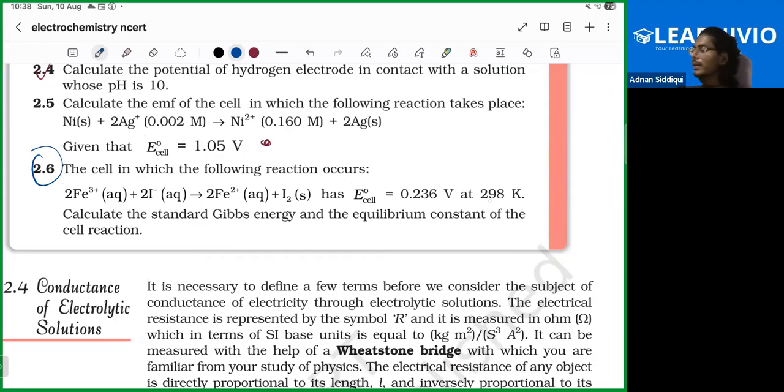See, here you can see the temperature is 298 Kelvin. It is a standardized state, so you have to use the latter formula with 0.0591. One more thing that you should see. You have to write the reduction half cell and oxidation half cell, because here the number of electrons is not that simple.